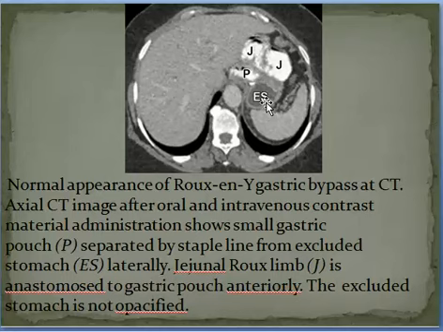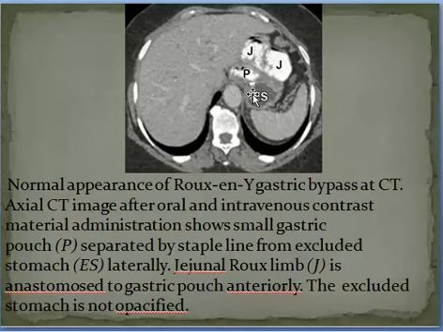This is the small gastric pouch filled with contrast, and this is the jejunal loop anastomosed. So this is the normal appearance of Roux-en-Y gastric bypass at CT. An axial CT image after oral and intravenous contrast shows the small gastric pouch separated by the staple line.